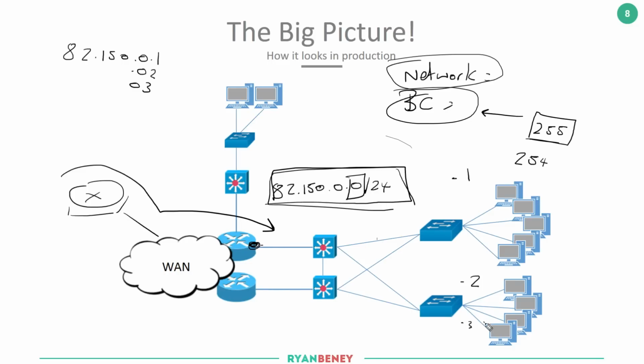So for example, let's say I'm on this PC and I'm .3 and I decide to send a ping to 82.150.0.255, then that ping will go to every single host that lives inside that network, and that is what we call a broadcast message. Any other IP that I try to ping, let's say I ping .2 or .100, providing they've been assigned to a host on the network, then that wouldn't be a broadcast communication, that would be a unicast communication, which is a one-to-one.